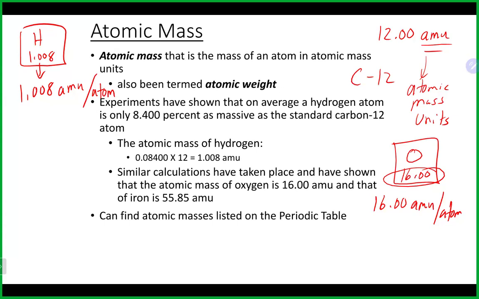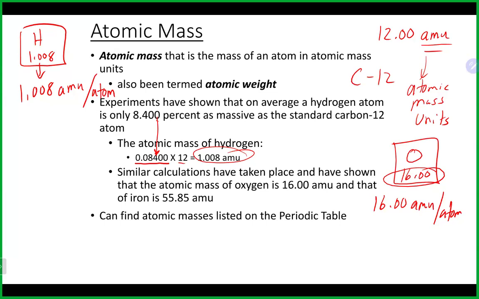So they basically do a little calculation here. That is 8.4%. Convert it into a decimal, divide by 100, or move the decimal place 2 places to the left. You multiply it by 12, you get the mass that you see there on the periodic table. Similar calculations have been done for all the elements there on the periodic table.